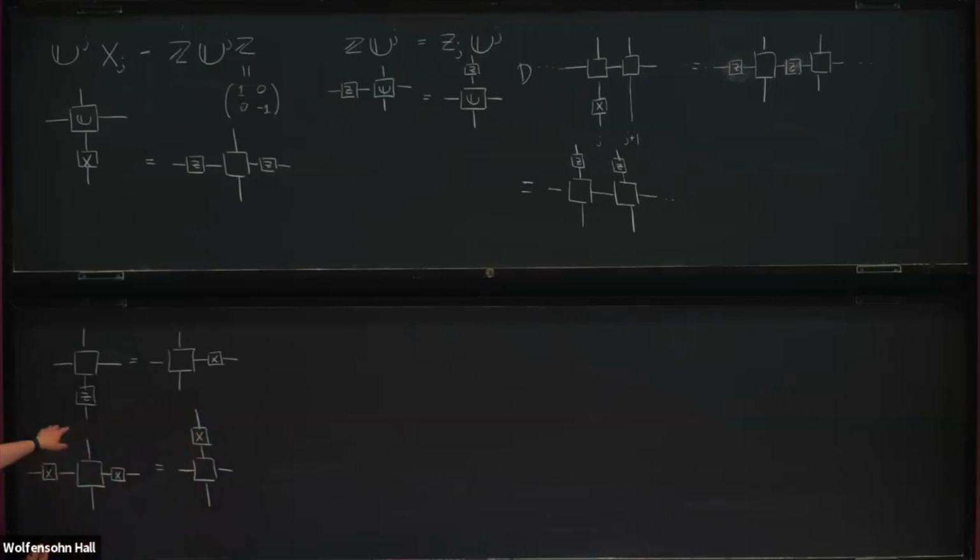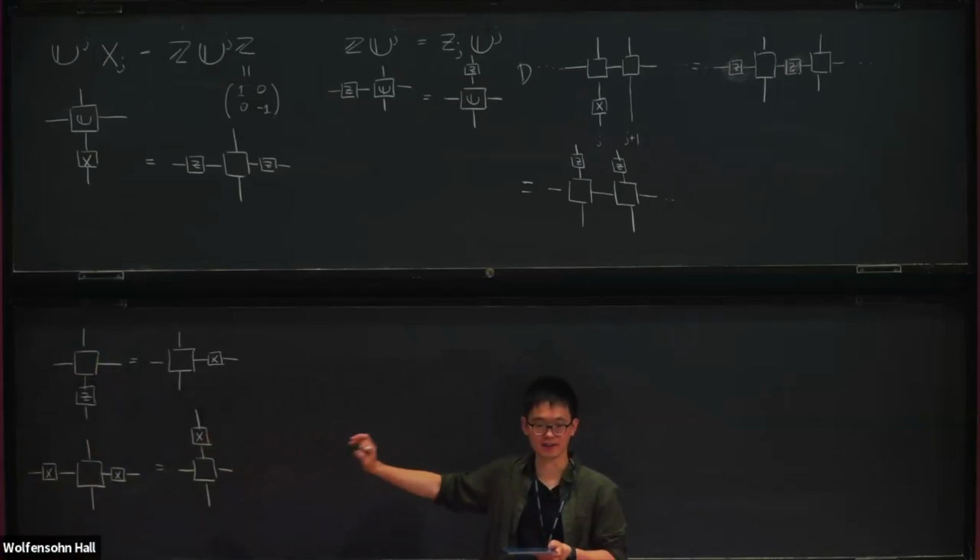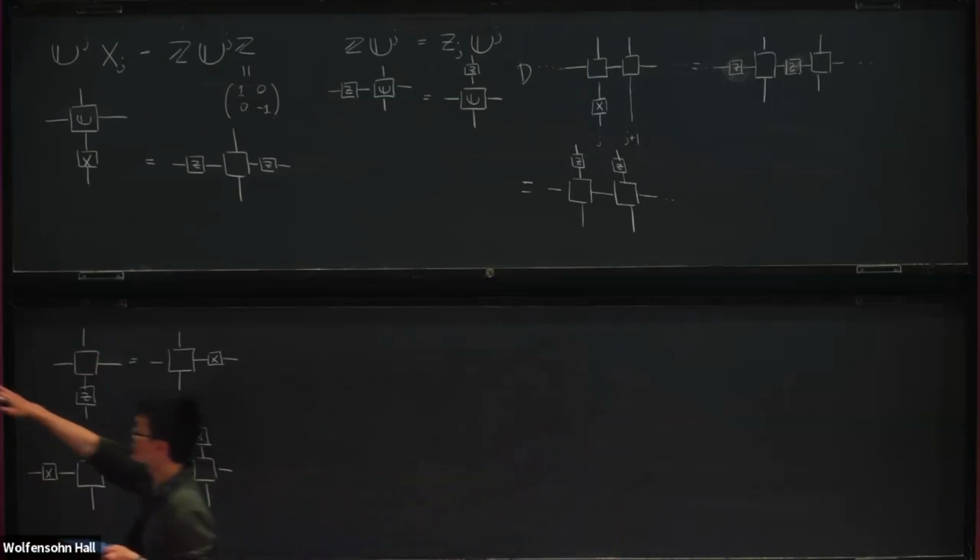And from this, you can derive that if you're sending two Z's, only one X comes out. But at this point, there's a question that we should have asked yesterday when we wrote down the Kramers-Wannier transformation. So this operator D acts very nicely on X and on ZZ. But no one asked me how it acts on Z itself. Right? What is DZ?